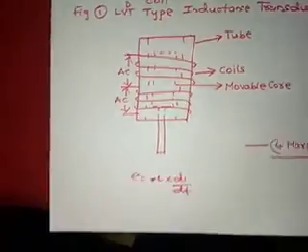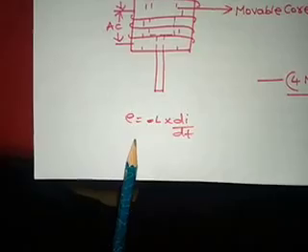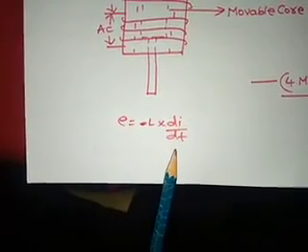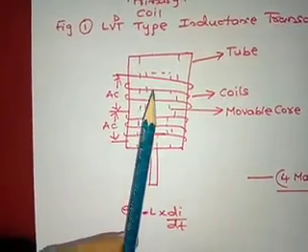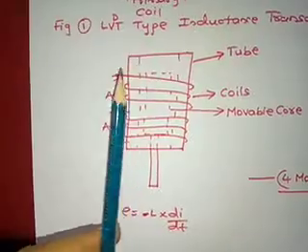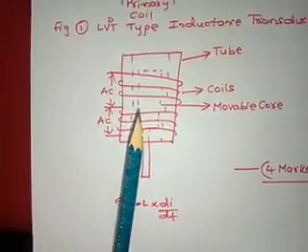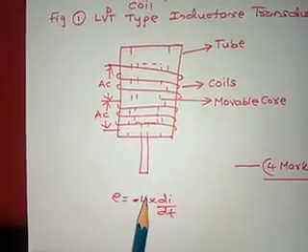The induced EMF is given by E is equal to L into di by dt, that is, EMF is proportional to the inductance and to the rate of change of current. When the inductance of the coil changes, the current also changes. This current is measured indirectly to find how much pressure is applied to the core.